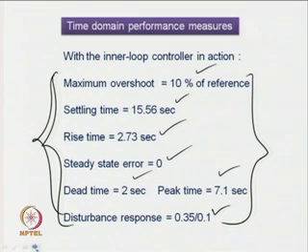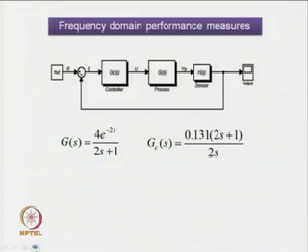Now, let us go and see what we have in our frequency domain performance measures. To study frequency domain performance measures, let us assume the input to be a simple input given as sin t, which has a magnitude of 1 and angular frequency of 1 radian per second.